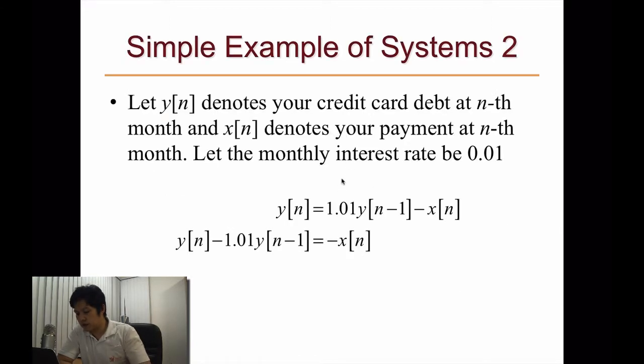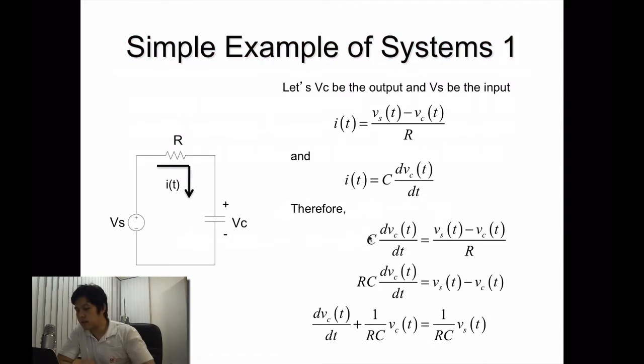Then we have C dvc(t)/dt equals (vs(t) minus vc(t)) over R. Then by rearranging this equation, we have here RC dvc(t)/dt and then vs(t) and vc(t). So here the input is this voltage source, and the output is the voltage across the capacitor.